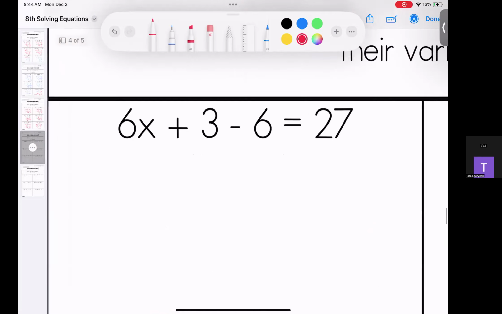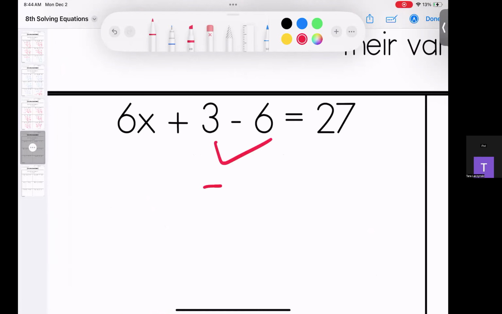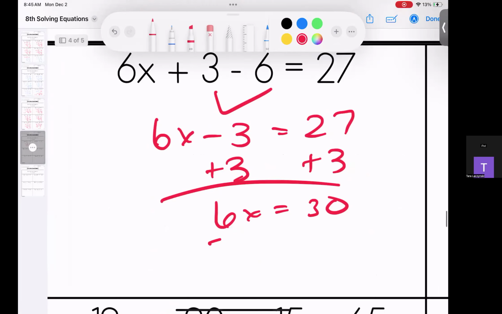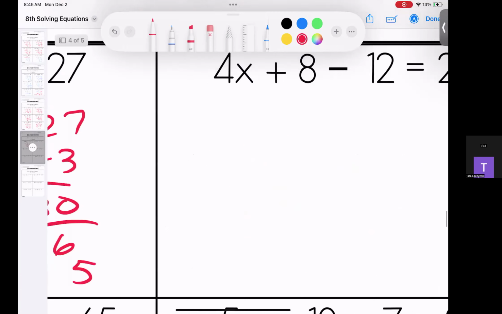All right, coming down here, negative 3. Plus 3. 6x is equal to 30. Divided by 6. X is equal to 5.